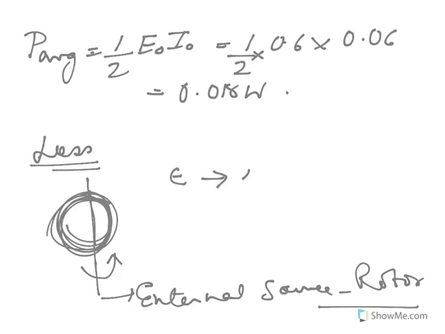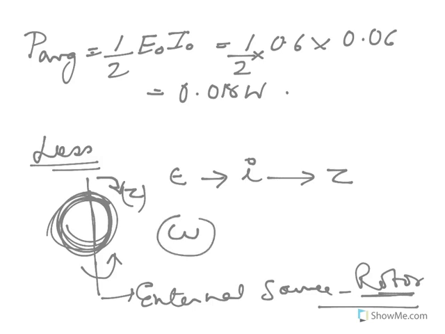Because of induced EMF, there is induced current. Because of the current, there is a torque produced, and this torque forces the coil to rotate in the opposite direction. So the rotor has to do extra work to overcome this torque to make the coil rotate at a constant angular speed. So this work done by the rotor is seen as heat loss.